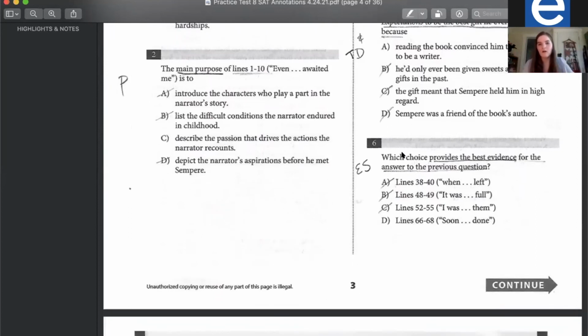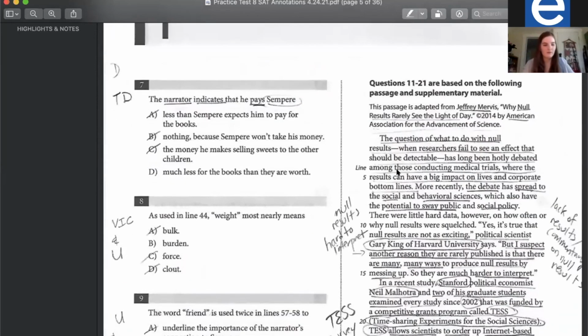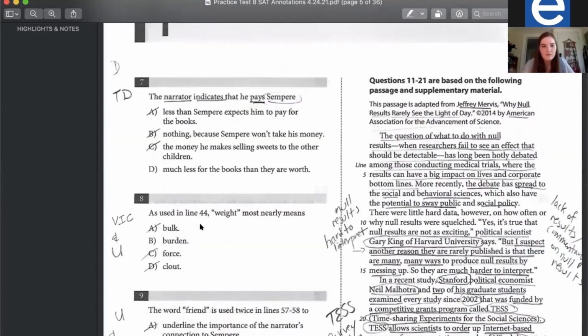Okay. I have: which choice provides the best evidence for the answer to the previous question. You have VIC for vocabulary and context, and also usage. So I should have underlined the word used in line 44. Let's see if I have an example.